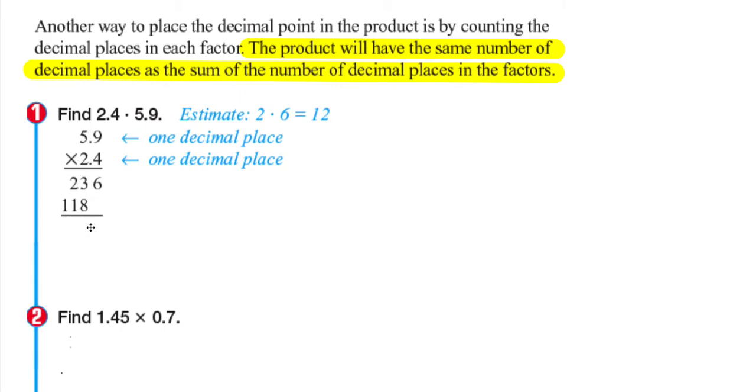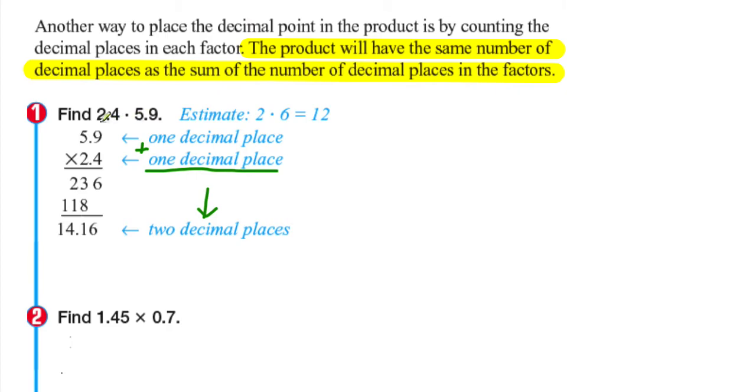Add them all up and we end up with 14.16. Why 2 decimal places? Because we simply added 1 decimal place plus another 1 decimal place to give us 2 decimal places. Let's see how we solve this using the lattice method.